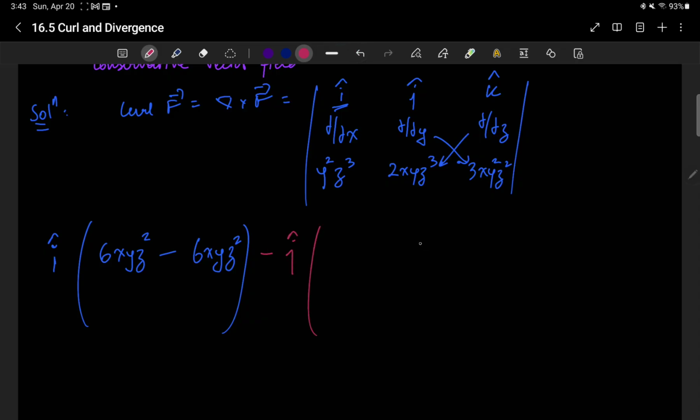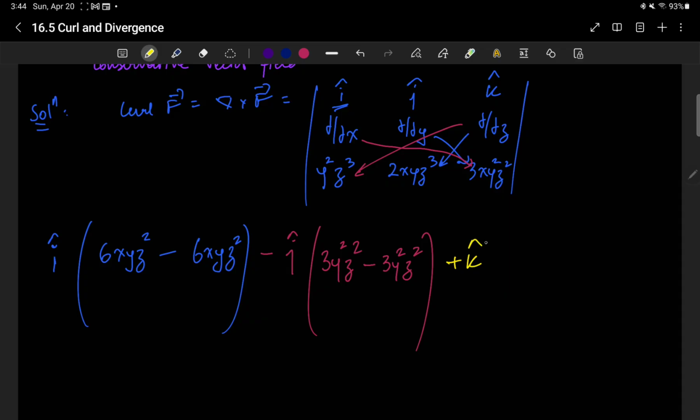Then I have j cap. For j cap, it's going to be partial with respect to x, which is 3y squared z squared, and partial with respect to z, which is 3y squared z squared.